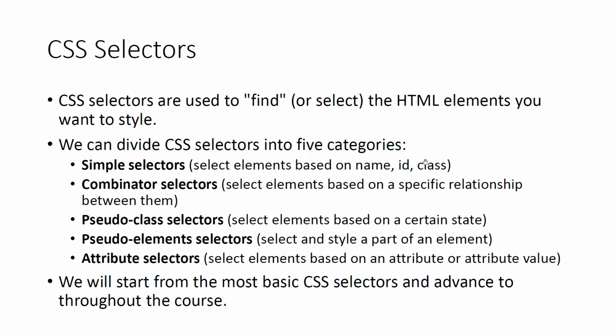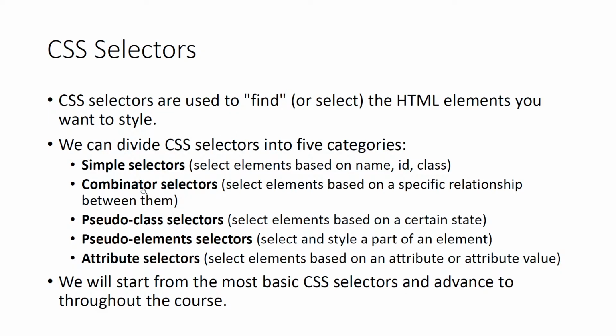Then we also have a class attribute in this case. So the class attribute, or the ID attribute, or the name, either of these 3, the one which we are going to use is what we are calling our selector. So we can use either of those, and we shall have our HTML element selected, ready for styling.